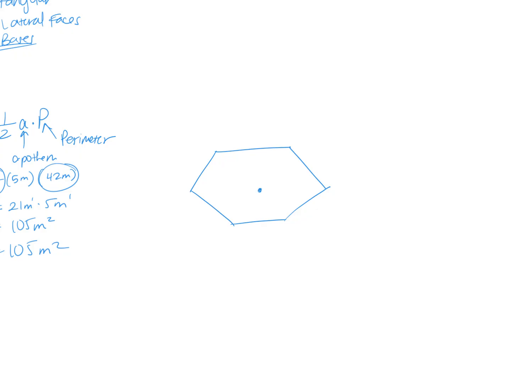Let's say the side is 8 centimeters, but you don't know the apothem, so the apothem is missing, but you know that you can form a right triangle here. So we're going to use that to our advantage.